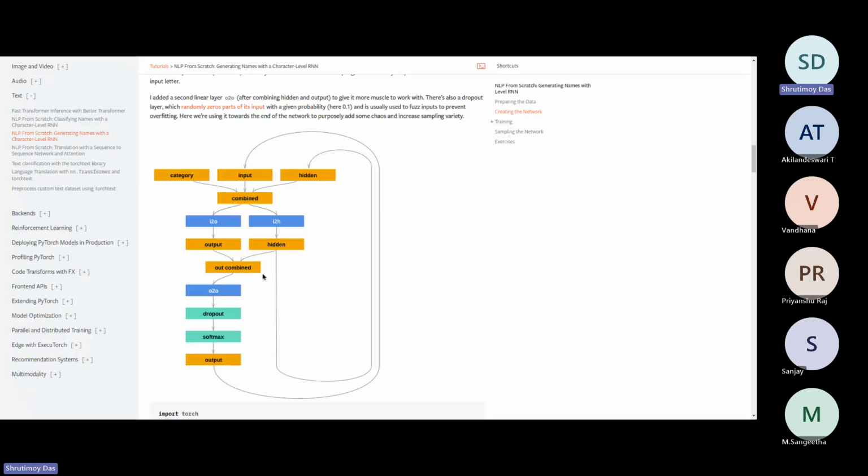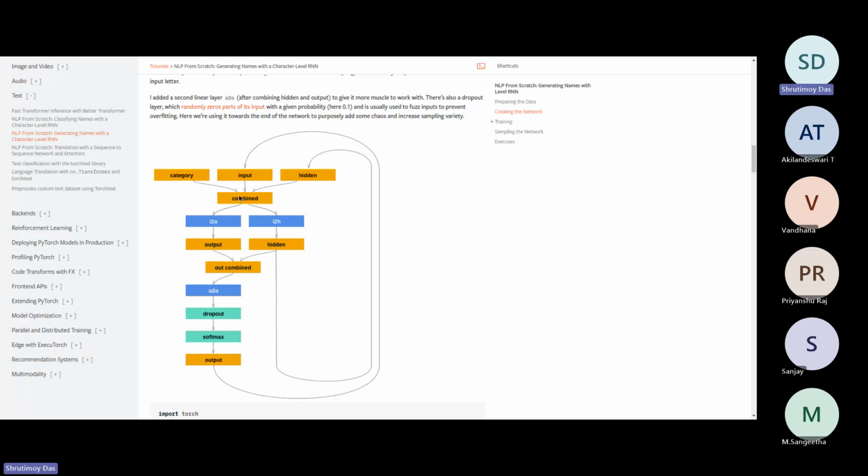So this is the RNN that we want to show. Forget this category for now. You have this input and there is some combined layer, and then you pass it through to the output. Combined is basically, you saw, you have this XT and you have ST minus 1. This ST minus 1 comes from your previous layer, so this hidden comes from the hidden of the previous layer.